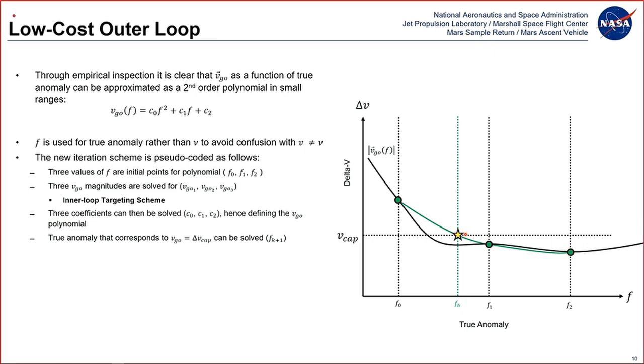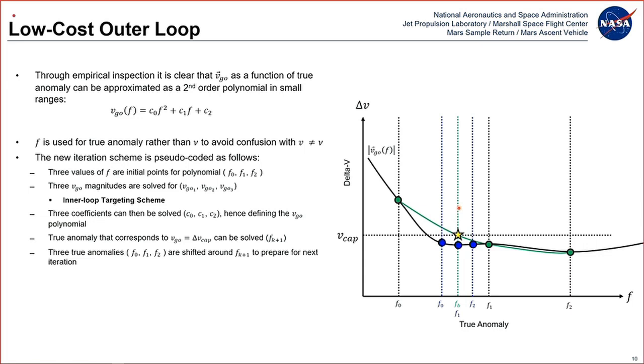So at that point, we now have a new estimate of where our true anomaly should be for when we burn. We move to that true anomaly, and we once again shift our new true anomalies for the next iteration around the burn location, and we get ready for the next iteration. And that's what the outer loop does. So it's the seeker method that goes into the proper basin location for when these two velocities are equal to each other.